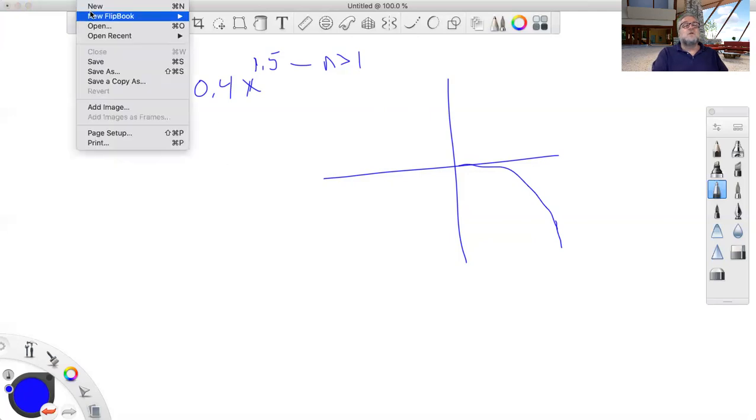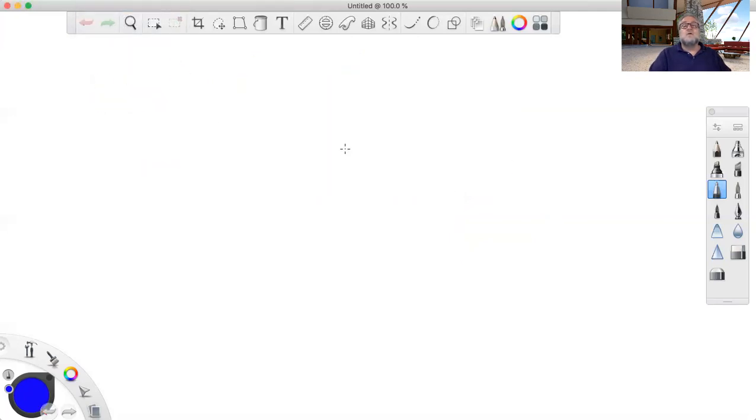Let's try another one. And when I ask for even or odd, we're probably going to do the easier ones. They're probably not going to do even or odd. So minus x to the 0.4.